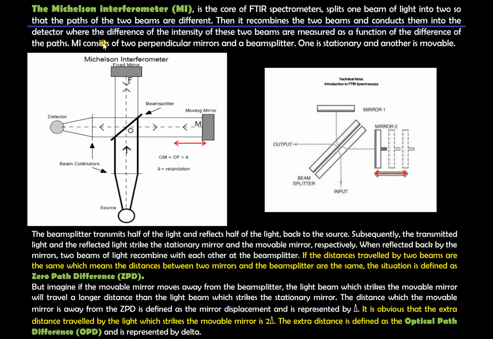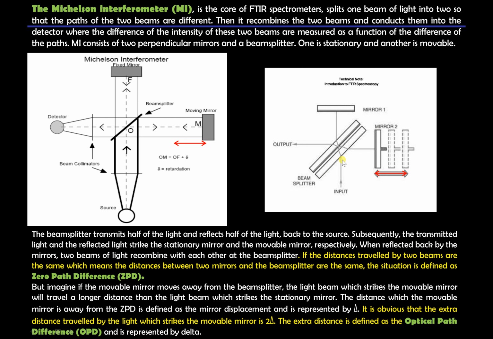The Michelson interferometer consists of two perpendicular mirrors and a beam splitter. So these are two perpendicular mirrors. One is of course a fixed or stationary mirror, and another is a moving mirror. Like if this is the length, this is the length, and this one is moving along this length, so this keeps on varying. This is again nicely explained, and we are focusing only on this part, the MI.